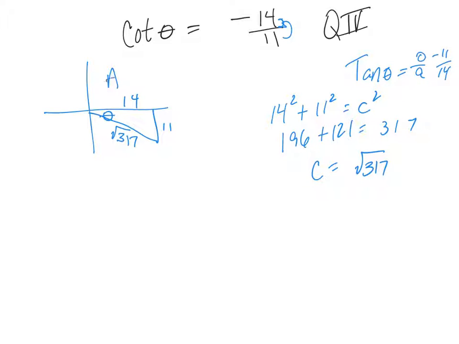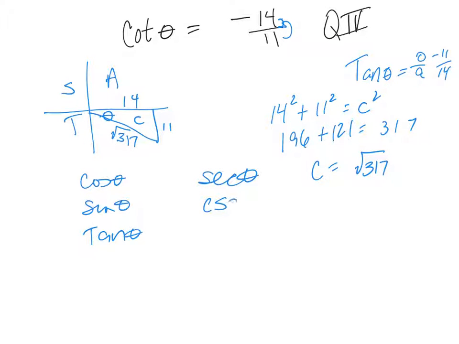And this is what I do. I do the all students take calculus, and I'm going to list everything: cosine of theta, sine of theta, tangent of theta, secant of theta, cosecant of theta, and cotangent of theta. Everybody get that? And I know that only the cosine and his cousin are positive, so everybody else is negative.